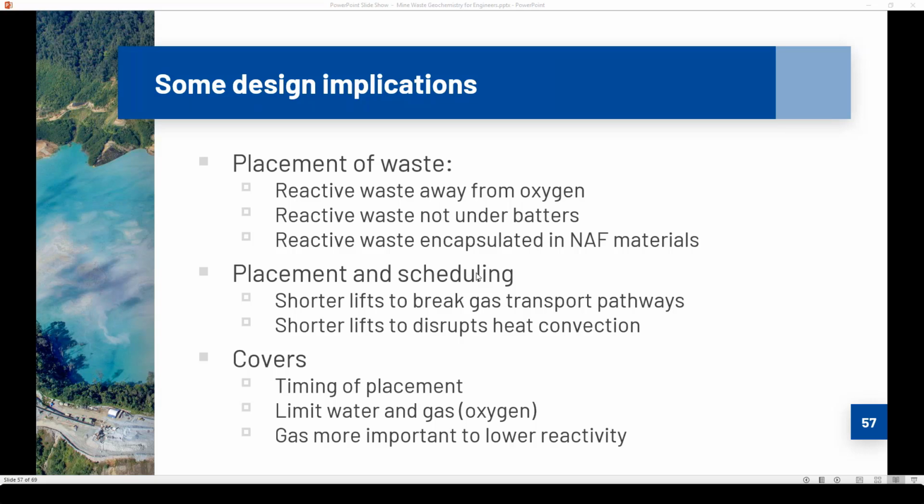The more we can compact that material, the greater we can limit the oxygen transport, and therefore the less reactive it would be. And then in terms of covers, both the timing of those covers and the properties of those covers to limit both water and oxygen are important, but limiting the gas flow is far more important in terms of limiting the reactivity of that waste.